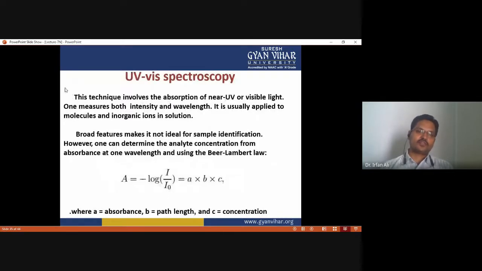And UV visible spectroscopy. This technique involves the absorption of near UV or visible light, and one measures both intensity and wavelength. It is usually applied to molecules and ions in solution.